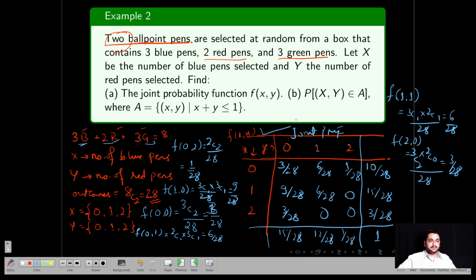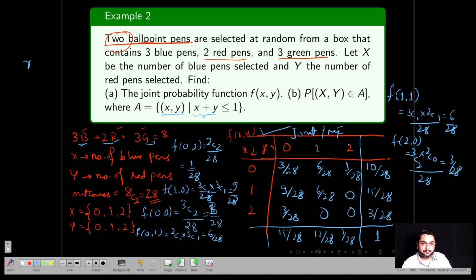Next, what is it that they are asking? Find the probability that x comma y satisfies x plus y less than or equal to 1. That means, what are the possible combinations for x plus y less than or equal to 1? So 0, 0, 0, 1.